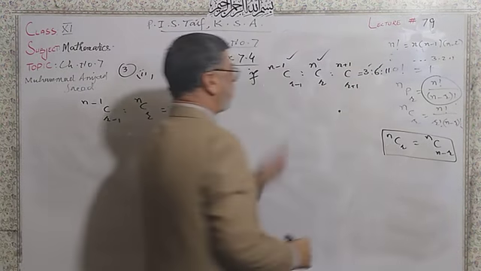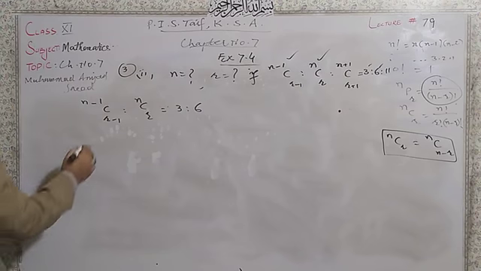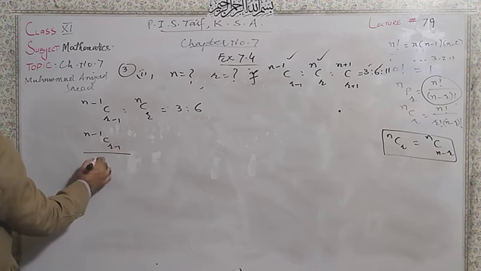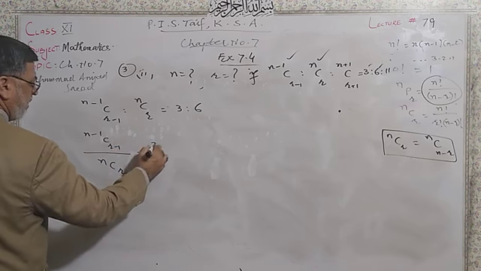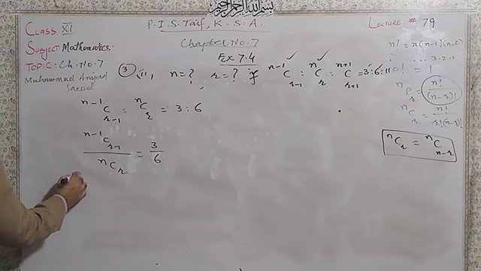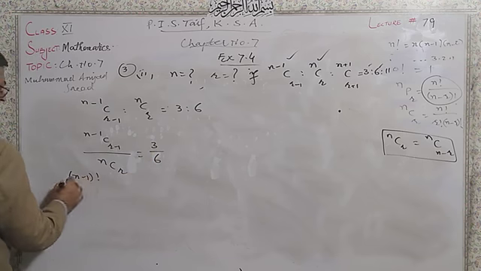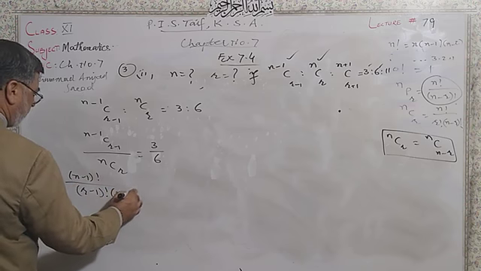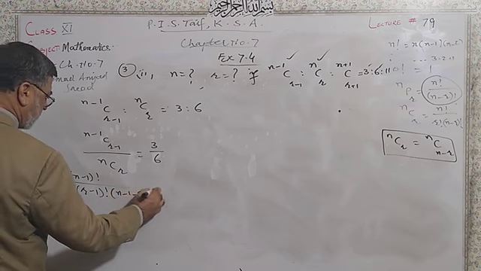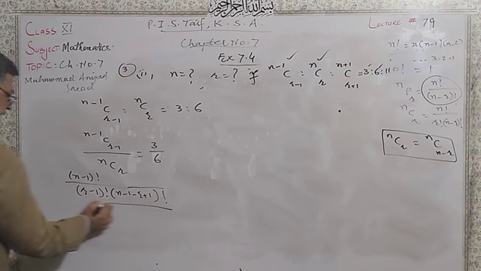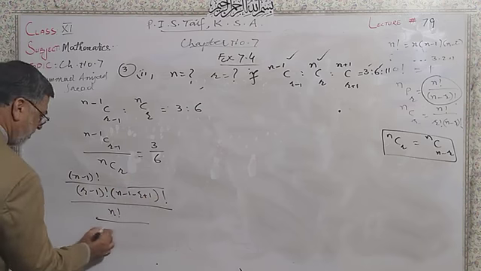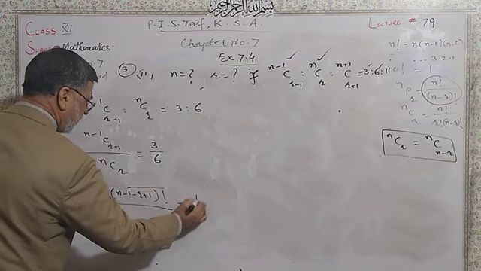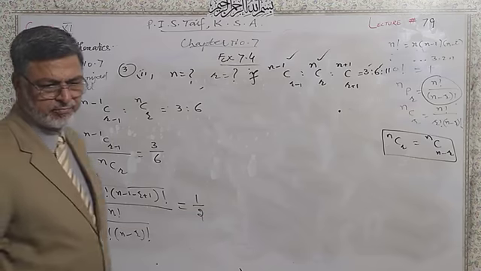So n minus 1 C r minus 1 over nCr is equal to 3 over 6. n minus 1 factorial over r minus 1 factorial into n minus 1 minus r plus 1 factorial, that will be n factorial over r factorial into n minus r factorial, that will be 1 over 2.